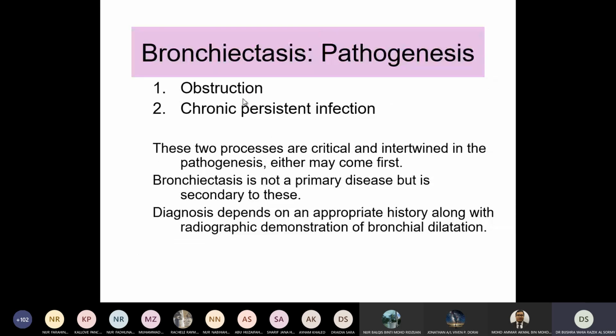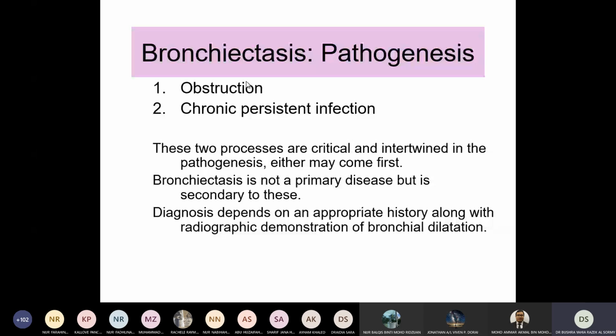The main pathogenesis, we said, is chronic obstruction and chronic persistent infection. These two processes are critical; there should be obstruction plus chronic persistent infection to cause bronchiectasis.